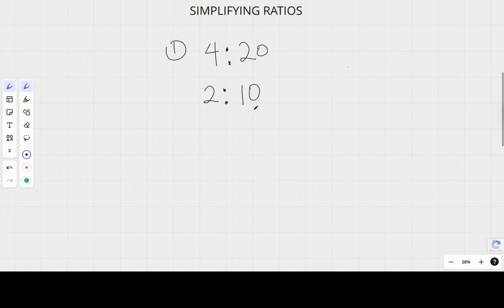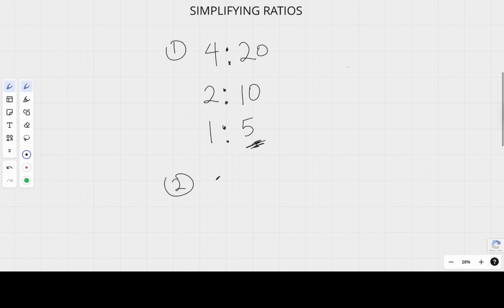Now this is not simplified because we can still find a number that can go into 2 and 10, and that number is still 2. 2 goes into 2 1 time, and 2 goes into 10 5 times, and so our simplified ratio is 1:5. So very easy. If you understand simplifying fractions, you can use the same understanding to simplify ratios.